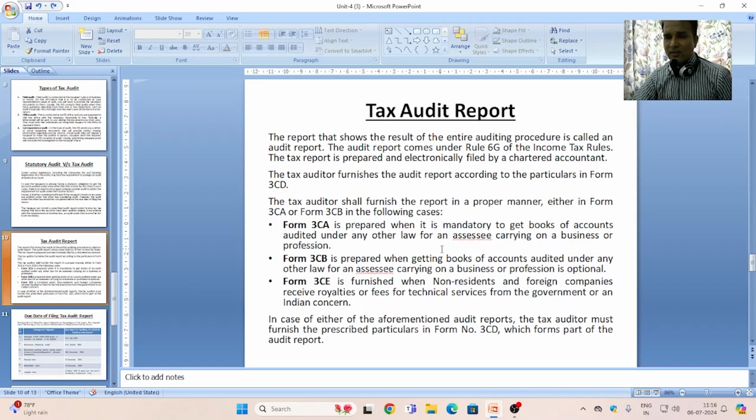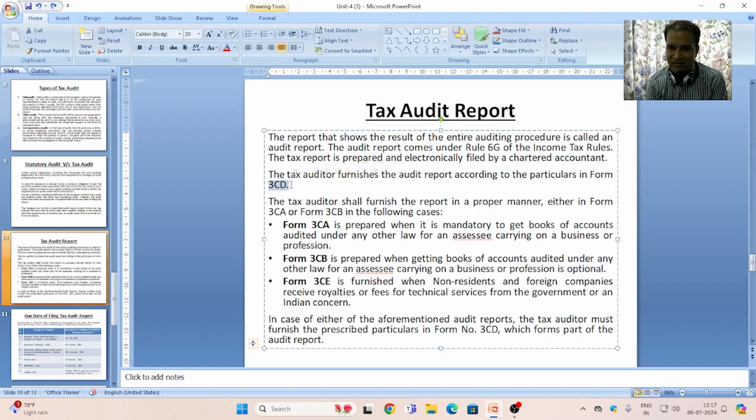After that, we discussed the forms for furnishing the tax audit report, that is form 3CA, 3CB and 3CE. Form 3CD is the part of the audit report.